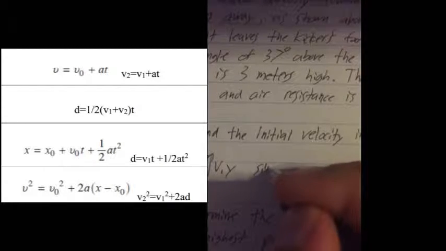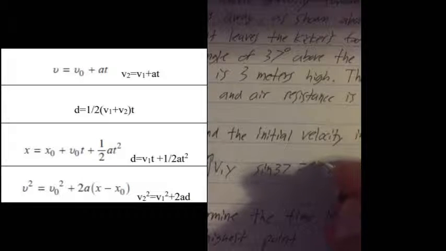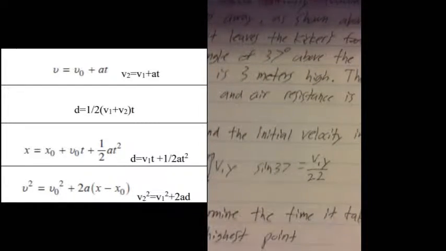So, to find the velocity in the y direction, we'll go ahead and do that first. The y direction is opposite of the hypotenuse, so we need to use the sine trig function here. So the sine of 37 is equal to the opposite velocity in the y direction over 22. And we know the sine of 37 is 0.6, I believe is what it said up there.